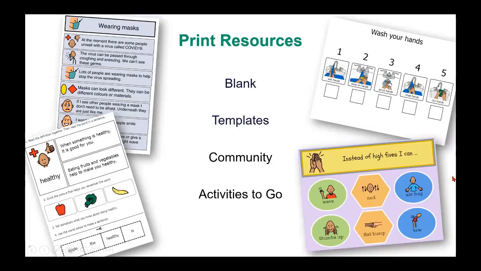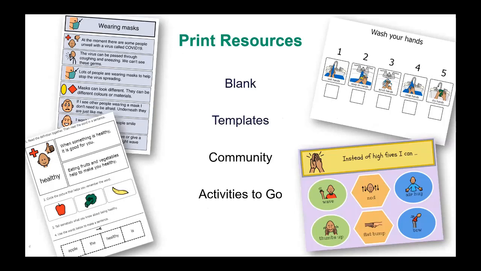So let's think specifically about print resources. So we know that there's lots and lots of different types of resources that we might want to make, whether that's behavioural supports, communication boards, communication books, educational activities, worksheets, social stories, that kind of thing. And we can do it in a number of different ways. So we can create something from blank. We can use some already made templates.